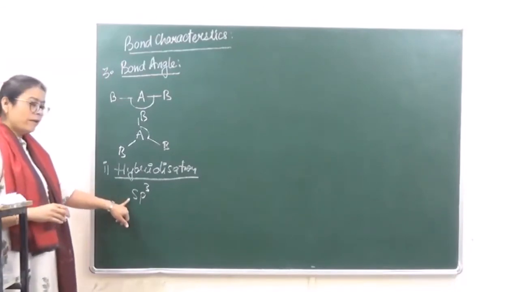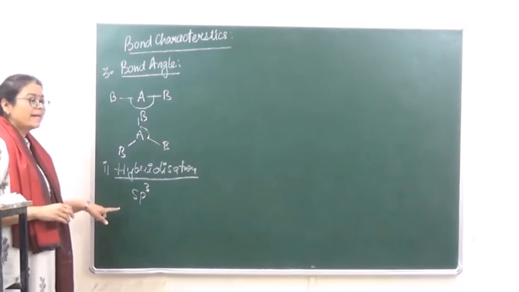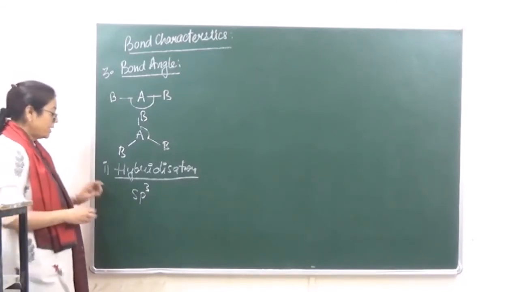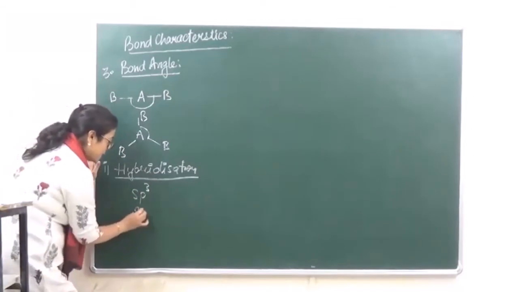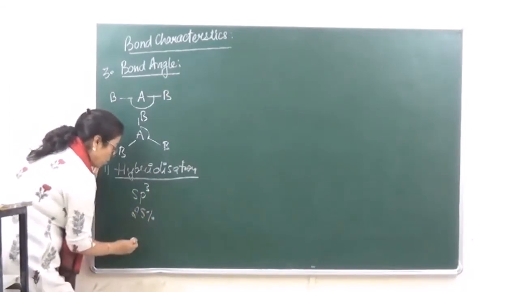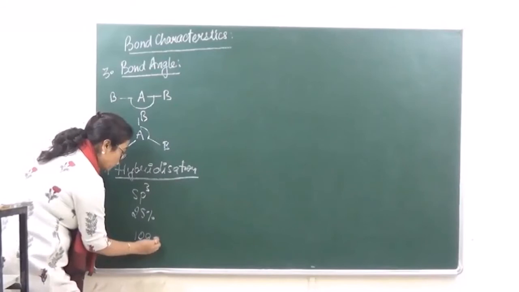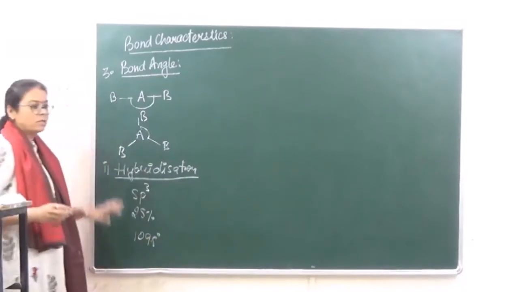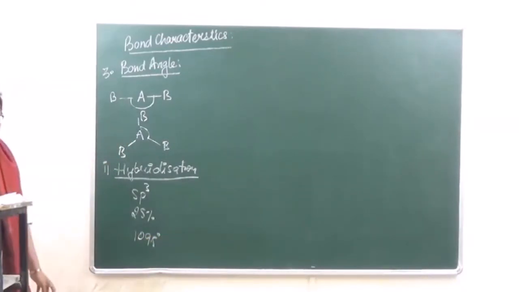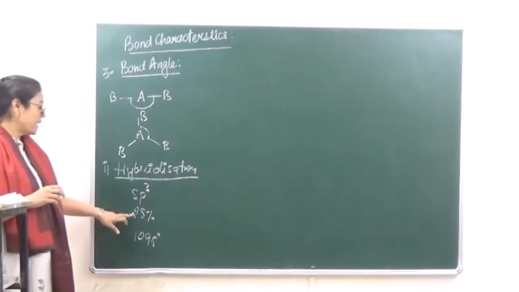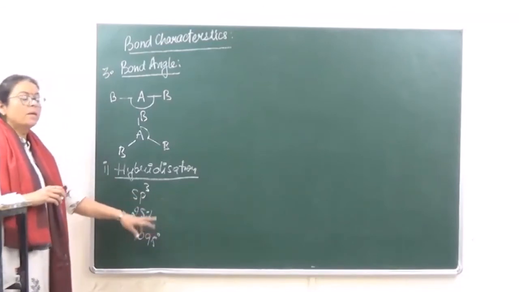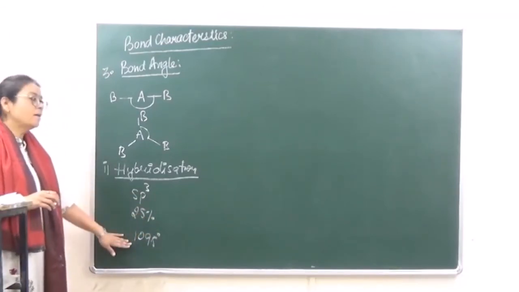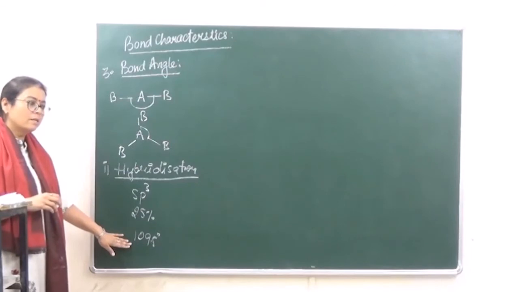So when we are talking of sp3, the S character that is going to be equal to how much? 25. Right? So in this the S character is 25%. So the bond angle that is going to be 109.5 degrees. Right? So जैसे जैसे हाइब्रिडाइजेशन बढ़ती चली जाएगी, वैसे वैसे मतलब जैसे जैसे S कैरेक्टर बढ़ता चला जाएगा, वैसे वैसे ही बॉन्ड एंगल भी बढ़ता चला जाएगा.